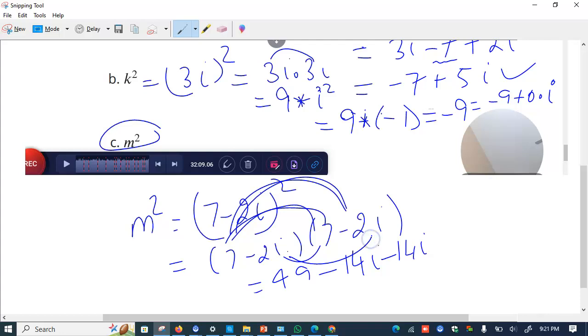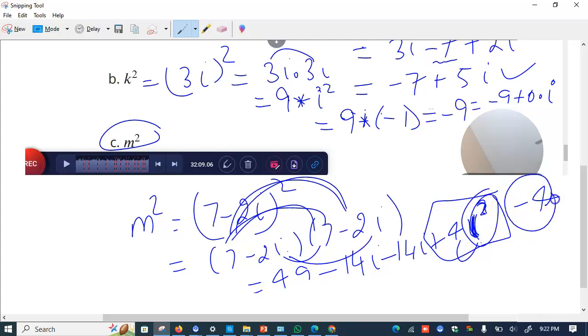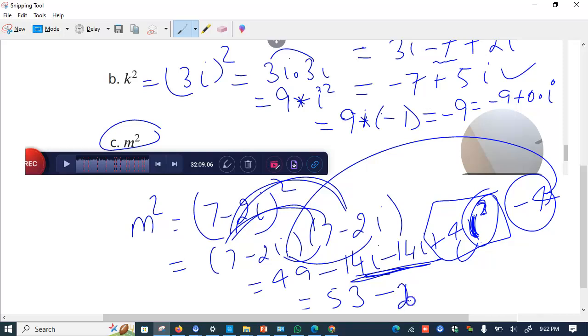And then the last, which is plus 2 times 2, 4i squared. Now remember, this piece becomes negative 4, because i squared is -1. So the final answer is 49 minus 4, which becomes 45, and these are like terms, which become minus 28i.